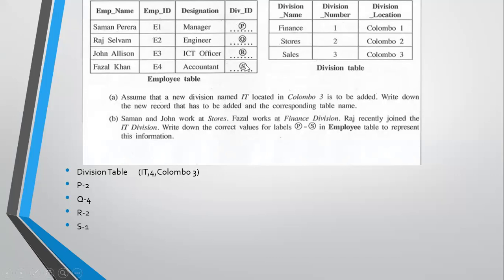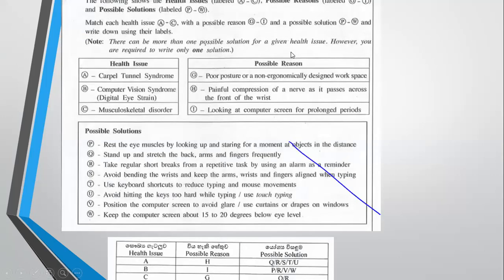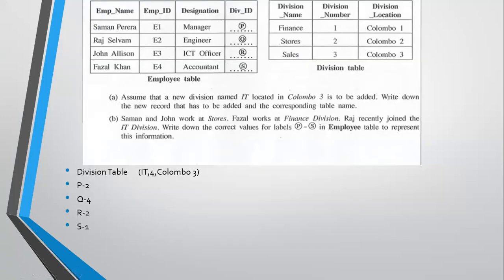We have to fill in P, Q, R, S. In the division table, there are 3 divisions shown: finance, stores, and sales. The location and the division number are given. Assume that a new division named IT is to be added in Colombo 3. Write down the new record that has to be added.